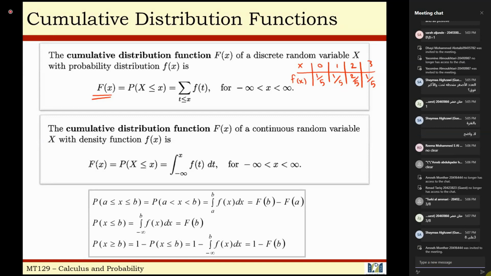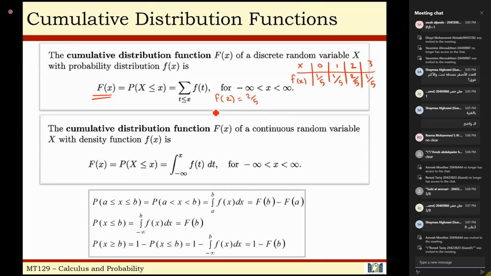Now the F capital means, for example, if we need to find F at 2, it equals what? 2 over 5. But F capital at 2, this equals the probability x less than or equal to 2. This is the difference between F small and F capital. F small at 2 is 2 over 5.